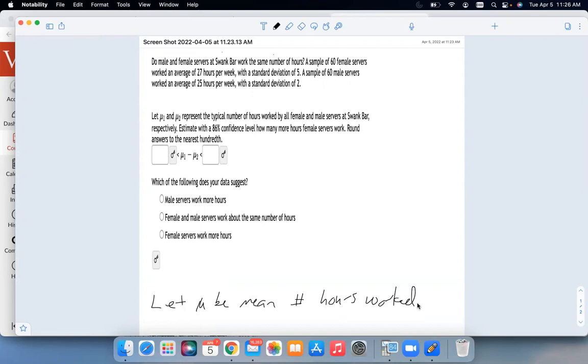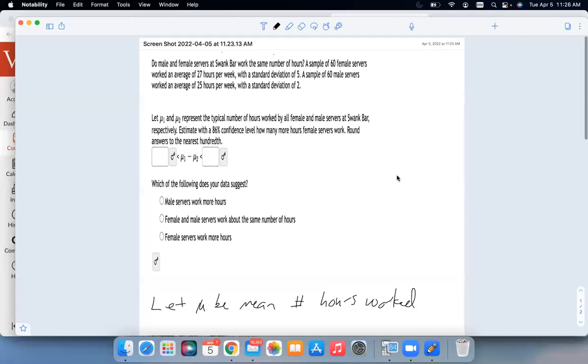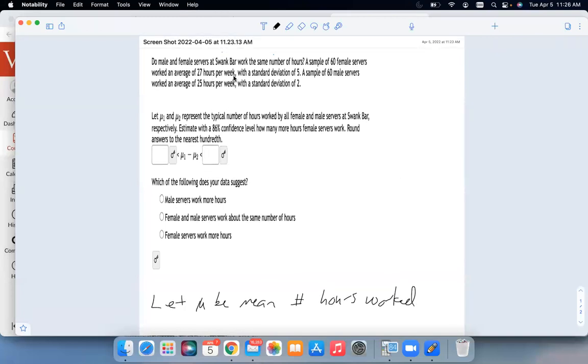Remember, we don't want to mention the groups there. We're talking in general. Our population is what servers at this bar. Well, this bar has a lot of servers, don't they? I don't know how realistic this question is. We've got a sample of 120 servers, and remember, our sample shouldn't be more than 10% of our population size.